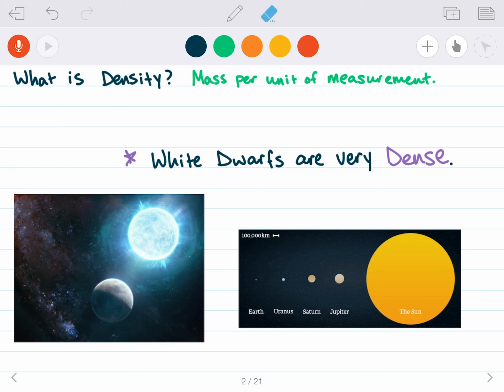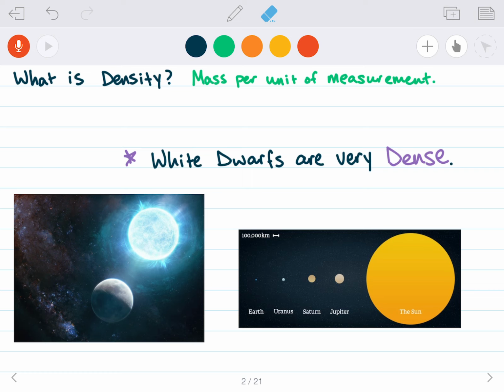One really cool object that I like to think of when I think about a very dense object is what's called a white dwarf. Some of you guys may have heard of it, but basically it's a collapsed star that is very, very, very dense.